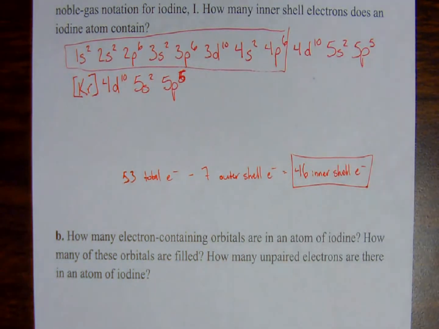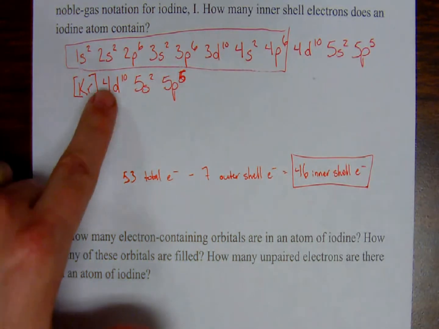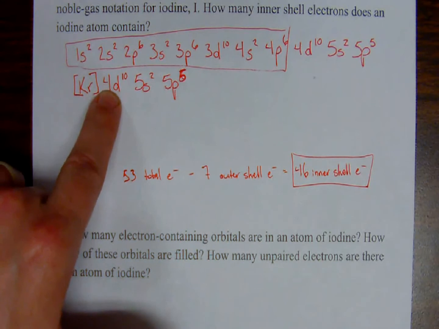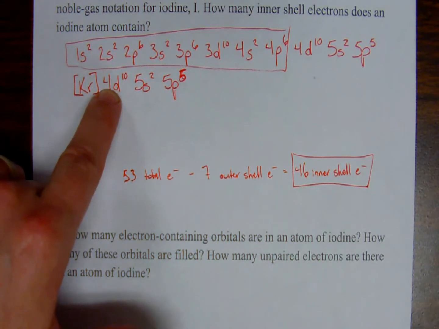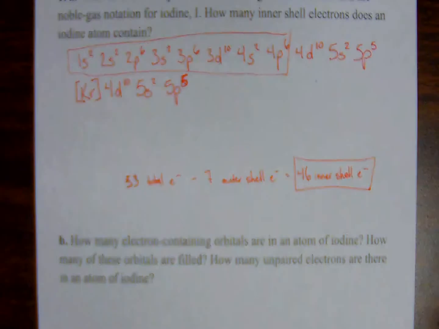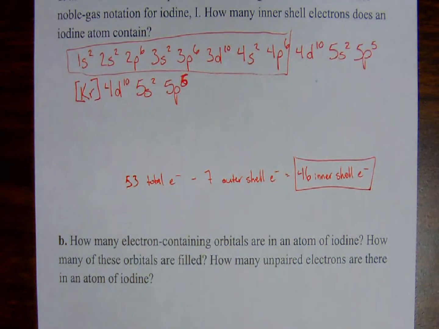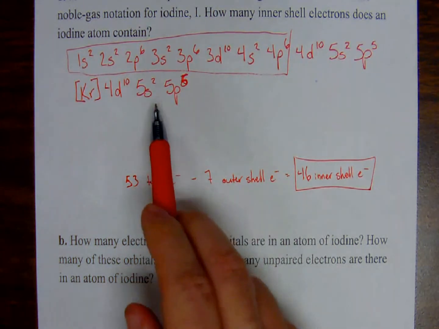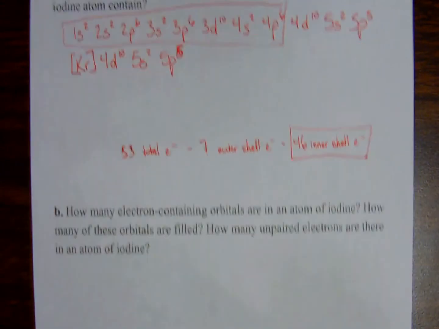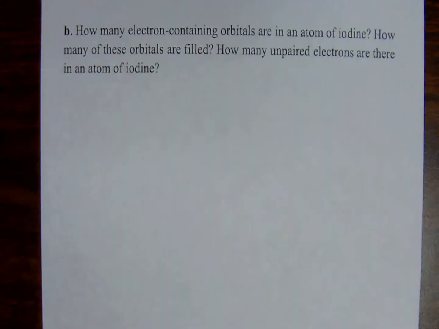So, if I steal my notation that I wrote up here, 1s, so I have s, s, s, s, s. You guys see that? So I have 5, count them, 5 different s sublevels. For p, I have 1, 2, 3, 4.